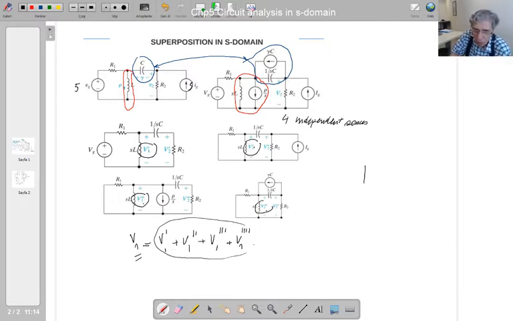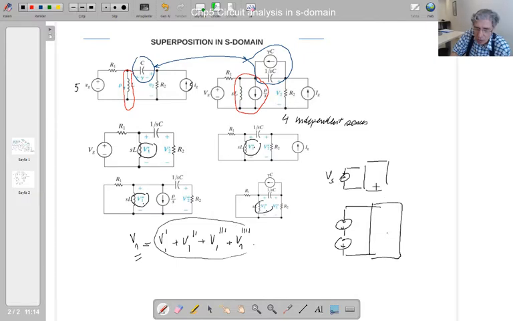If there is a circuit and there is an independent voltage source here, Vs. Now I am saying, if I consider two of them connected in series, and this part of the circuit is the same, so this is the same as this.